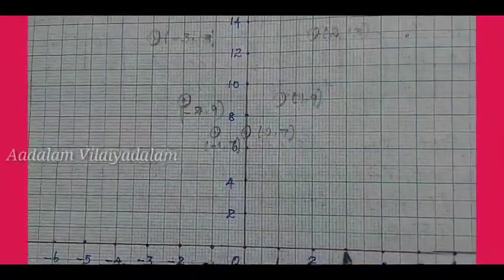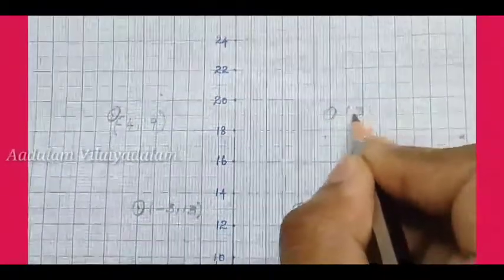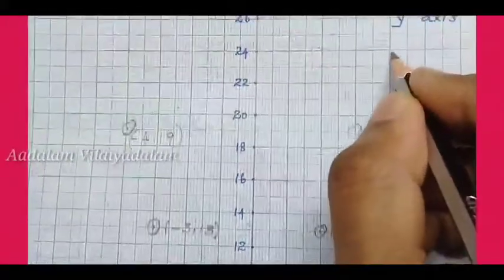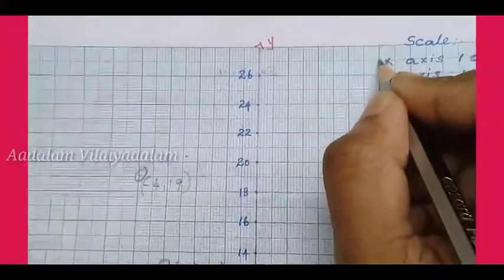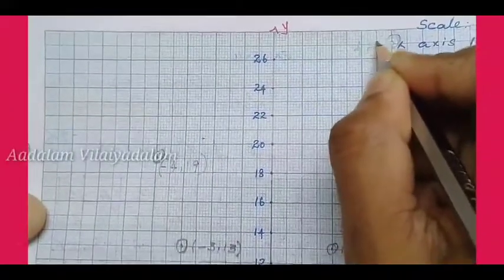Next 3, 19. This is 18, so 19 here. 4, 27. So 4, 27 here.